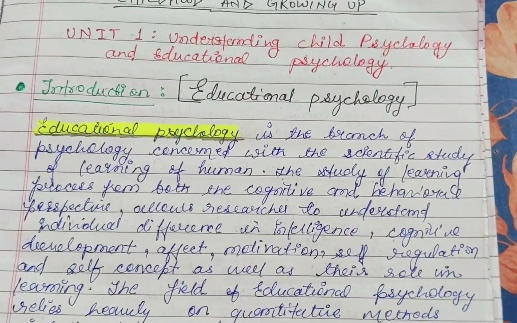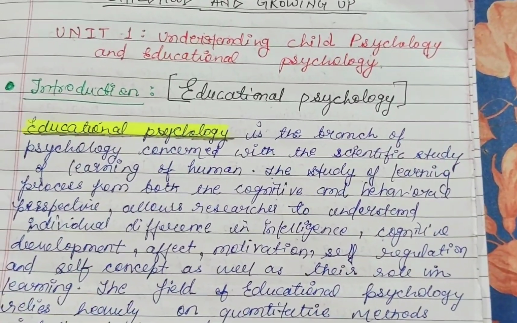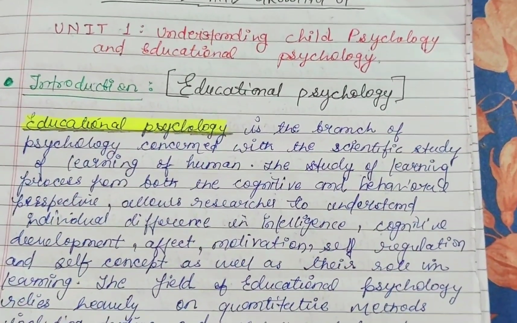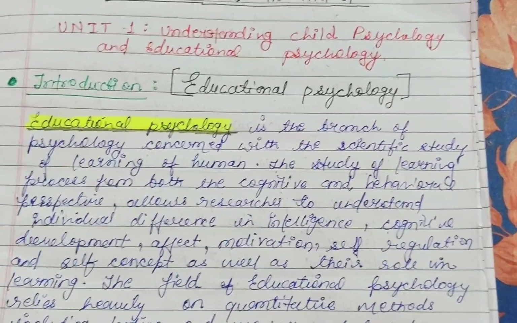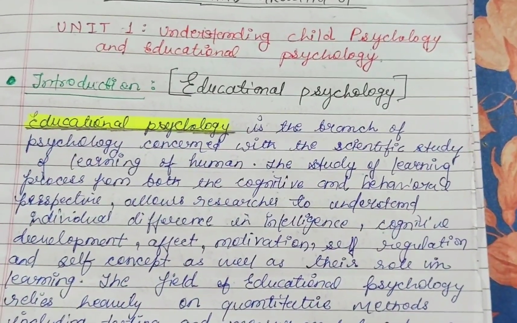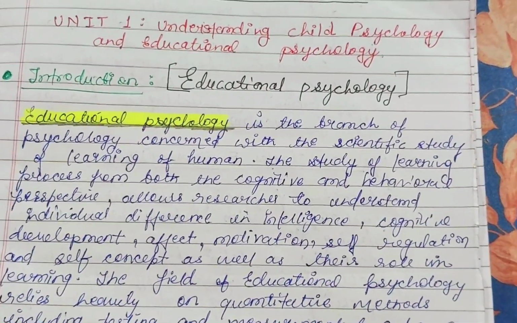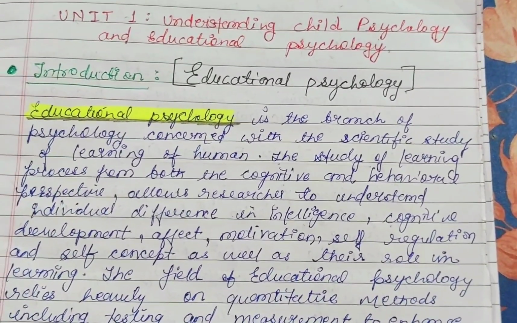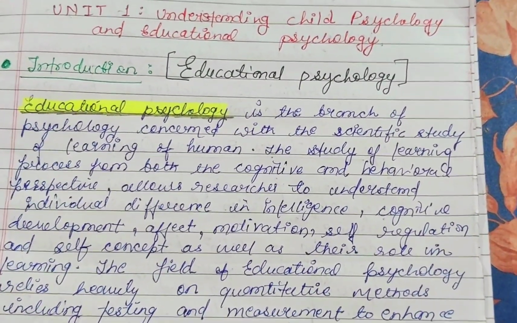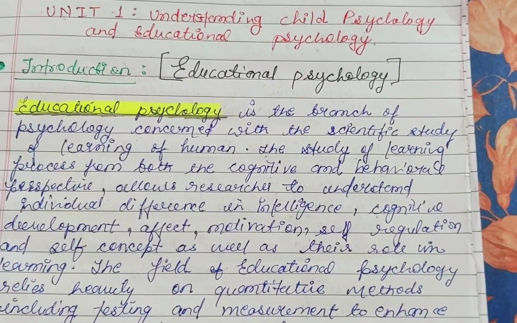The study of learning processes from both the cognitive and behavioral perspectives allows researchers to understand individual differences in intelligence, cognitive development, affect, motivation, self-regulation, and self-concept, as well as their role in learning.